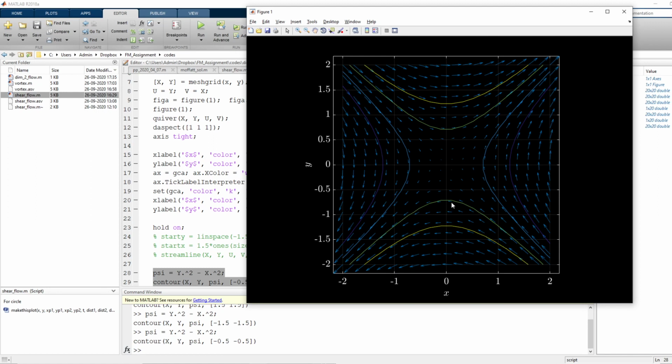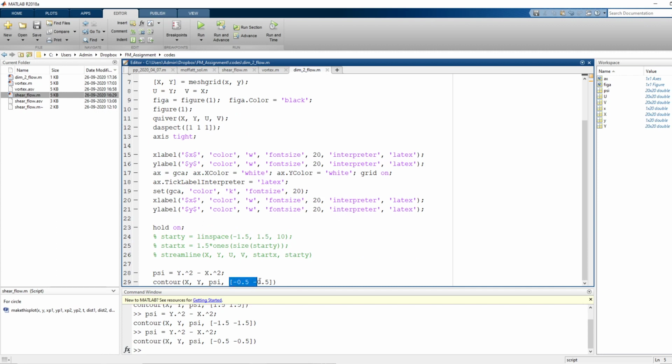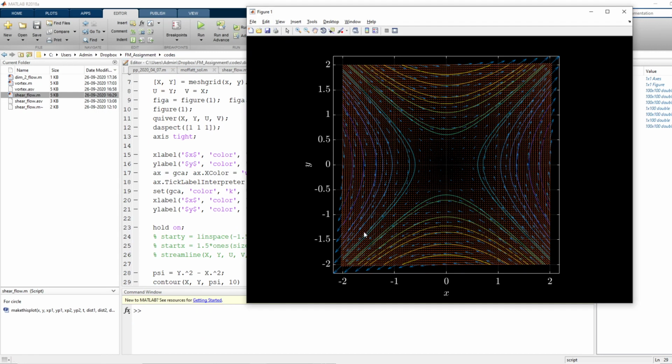Now you can say that these lines are a bit jagged, and that jaggedness is because of my choice of grid resolution. I've only taken 20 points. If I take 100 points, it will give us much smoother lines, but at the same time it will give us a very dense array of arrows.